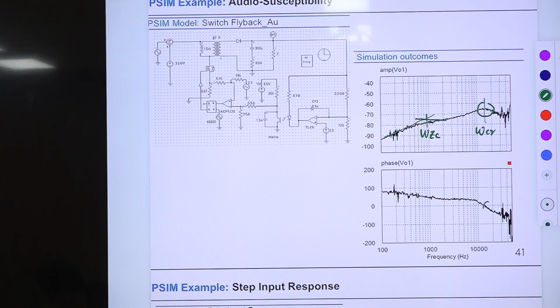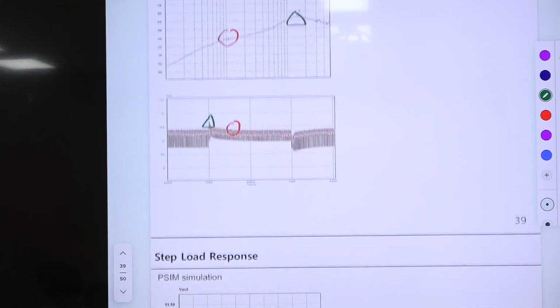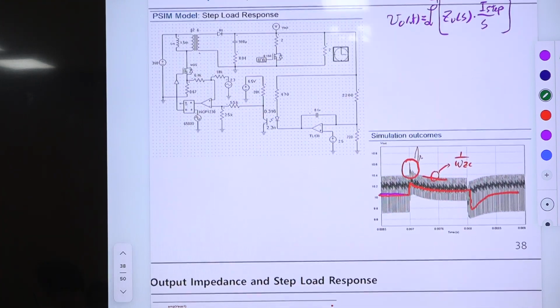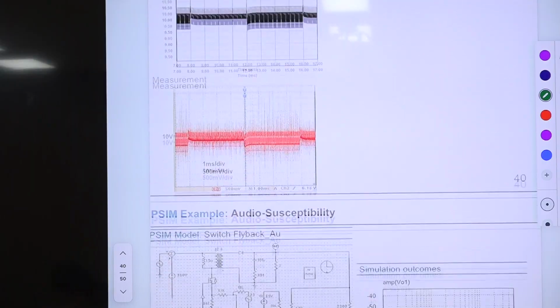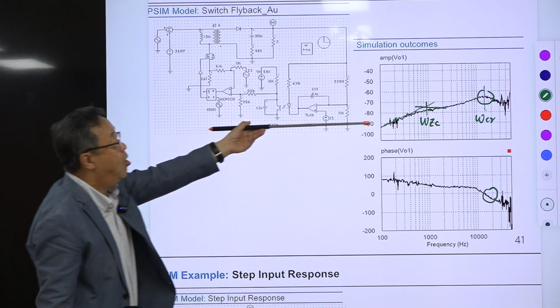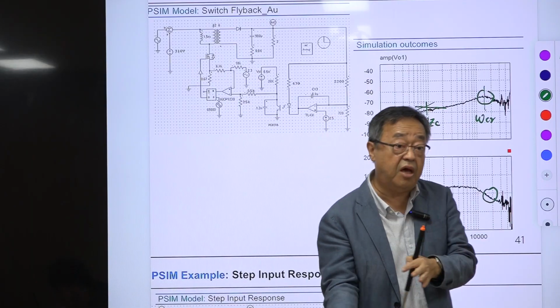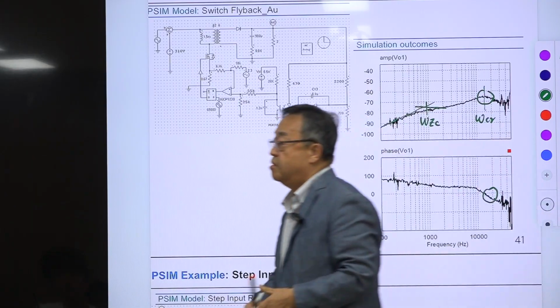And the phase delay is more gradual than previous. So this oscillatory behavior was weak here, but in this case, oscillatory behavior is weaker than the previous case, because the second order behavior of this one is much weaker than the previous case.